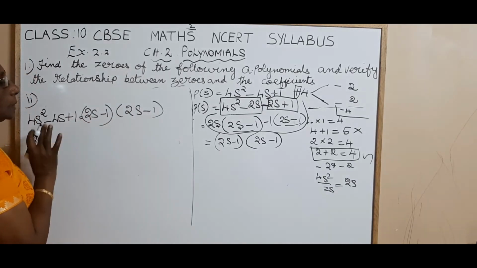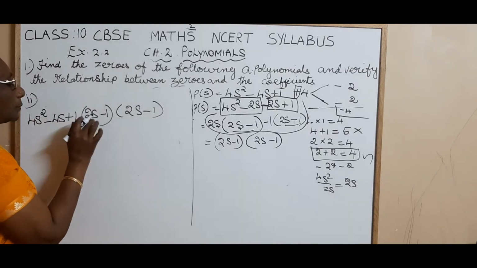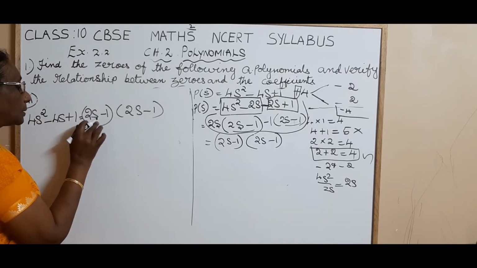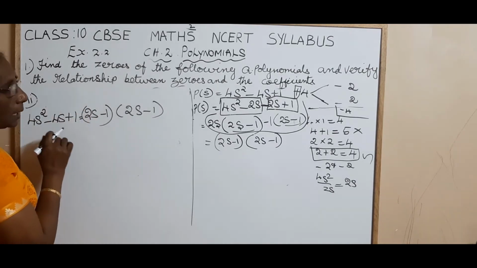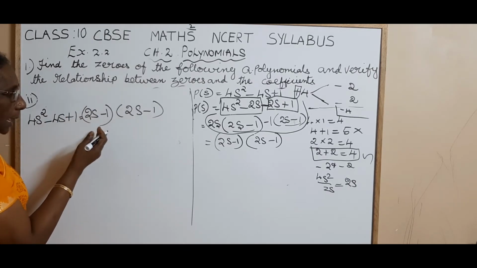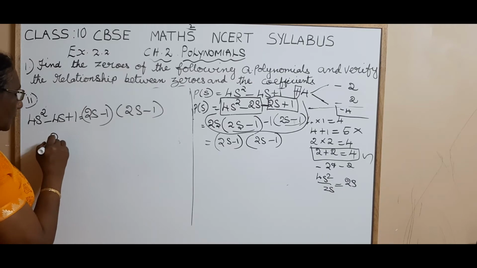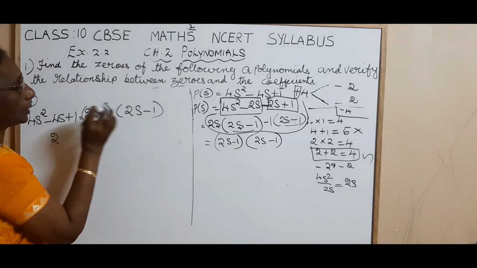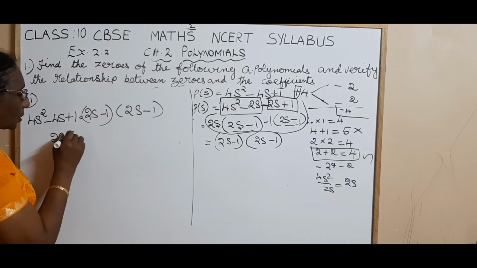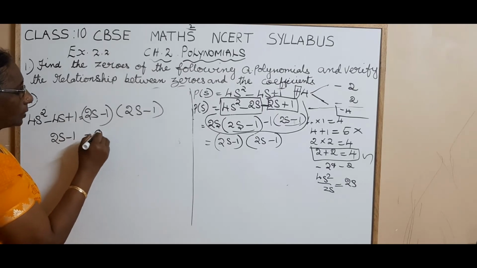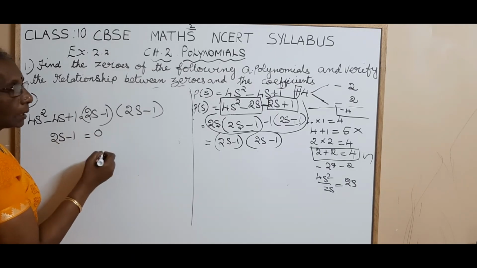How to find the zeros? See, you have to find the value of s which makes the whole polynomial 0. So for that, the first factor may be equal to 0 or the second may be equal to 0. But here both are the same.